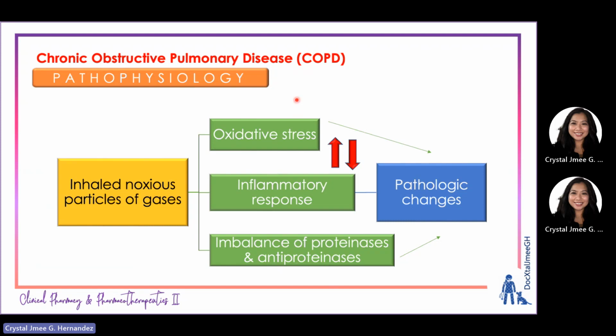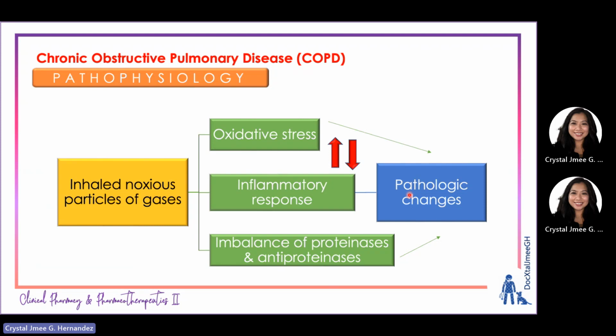The oxidative stress can further lead to an inflammatory response, and vice versa. The inflammatory response can trigger oxidative stress. Generally, these three results lead to the pathologic changes that occur in COPD.